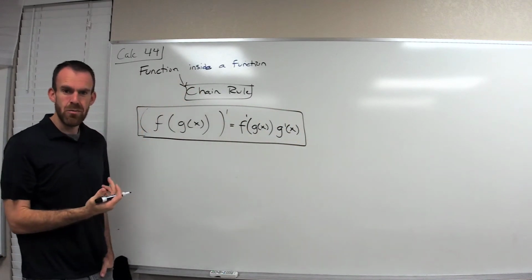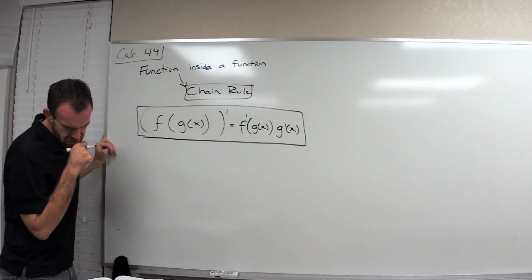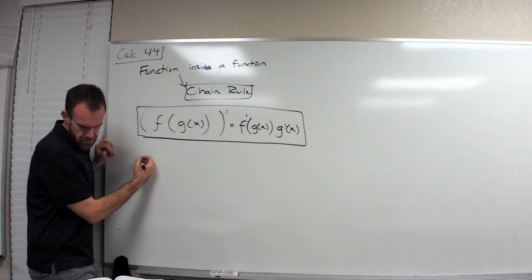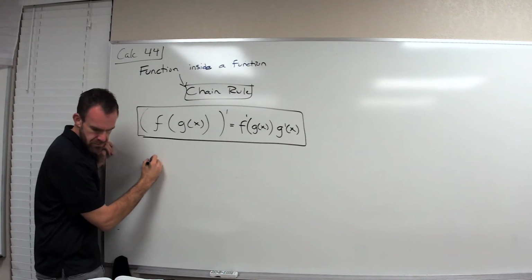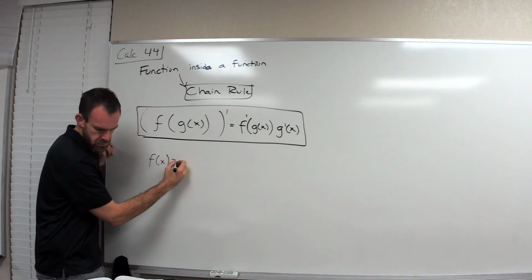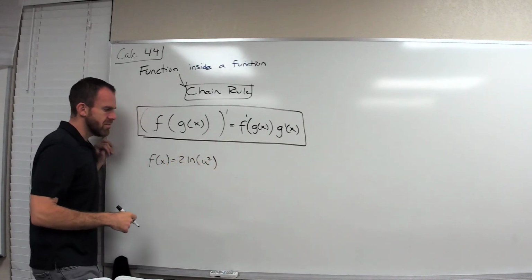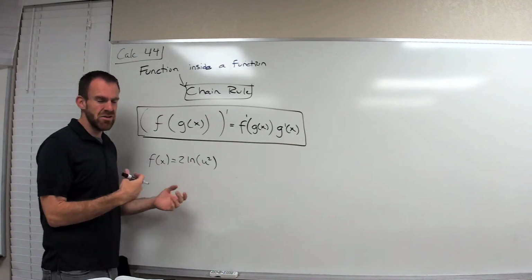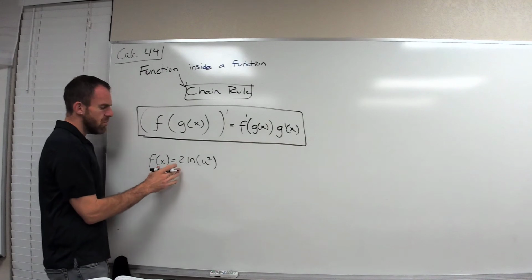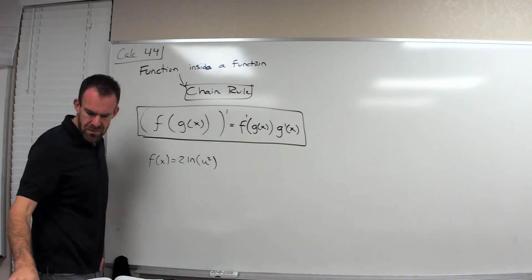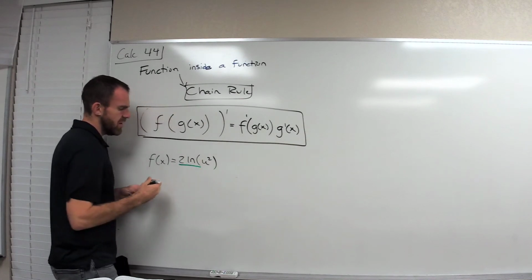Now let's see it put into practice. Suppose you have, well, I'll just use one of their examples. 2ln of u squared. Now, here obviously you could use ln tricks to pull out the 2, but let's use the chain rule. So the outside function would be 2ln.